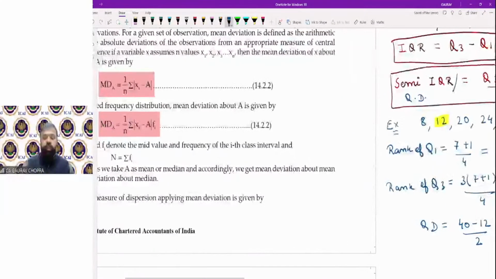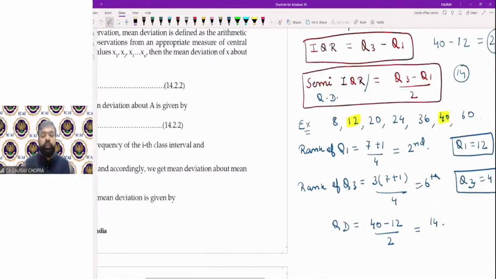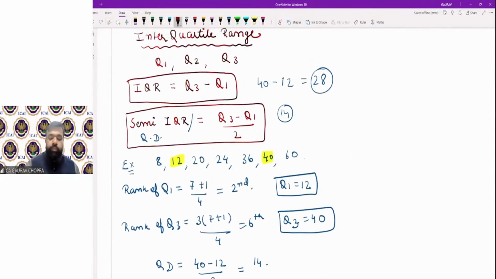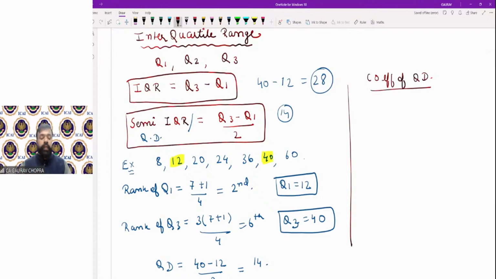So in this way, you can calculate quartile deviation. Now there is one more thing, that is coefficient of quartile deviation. Now coefficient कैसे calculate करना है? Very simple.